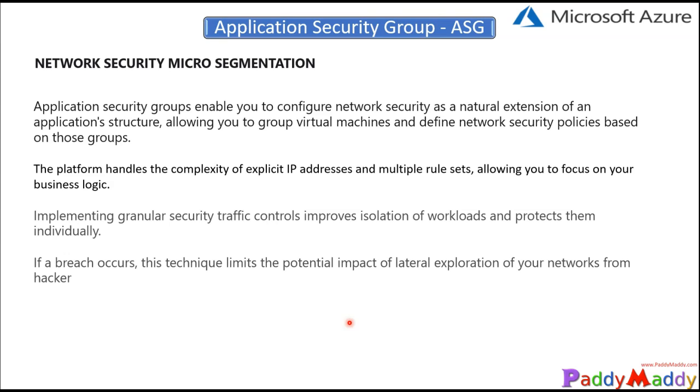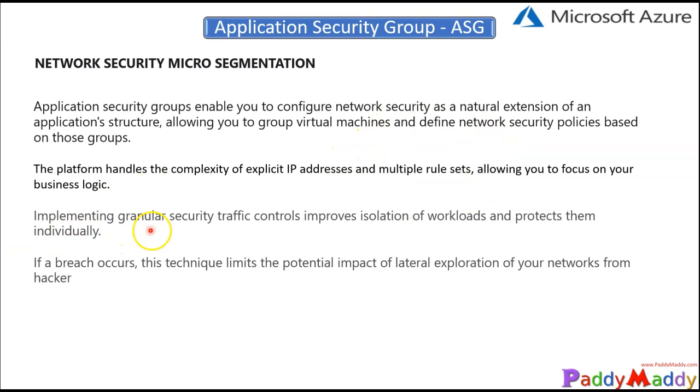For now, let's understand what exactly this is. I told you that network security microsegmentation is nothing but your application security group. It is more focused on the business logic of your applications and the service logic, not on IP traffic, IP address filtering or any other rule settings.